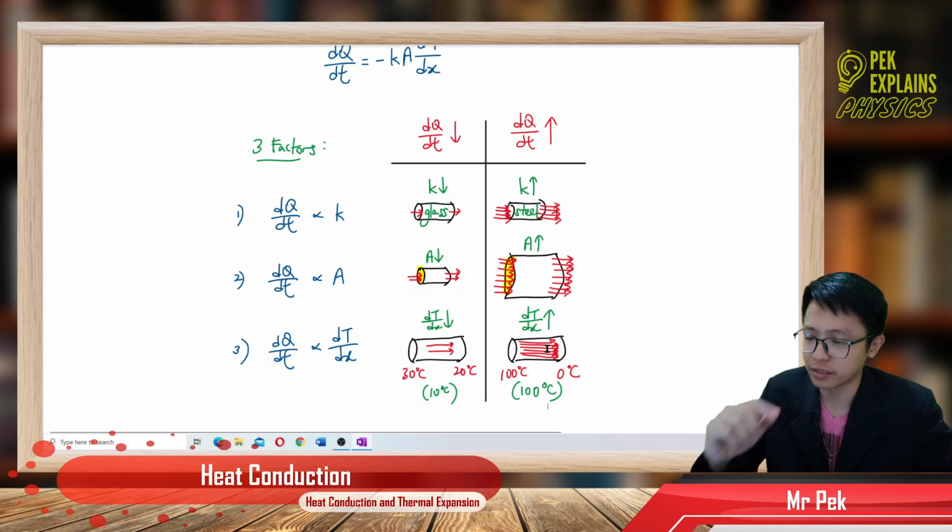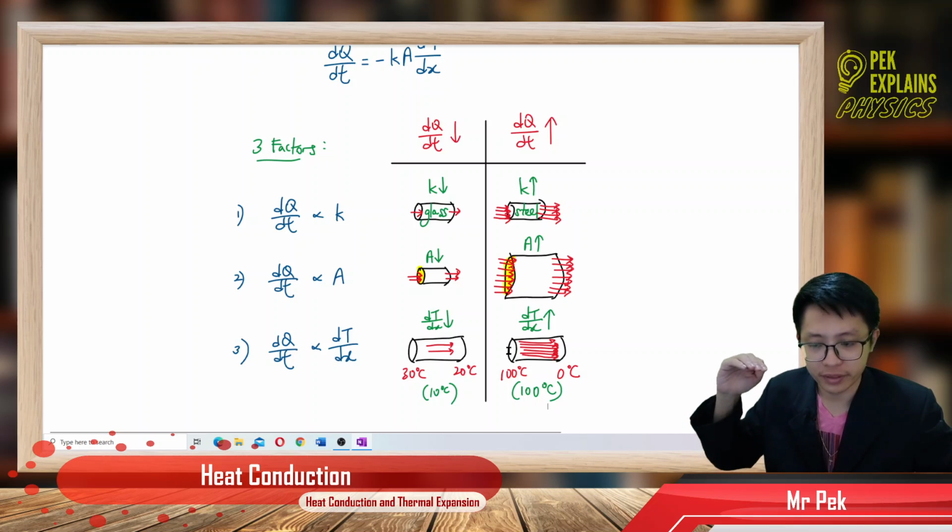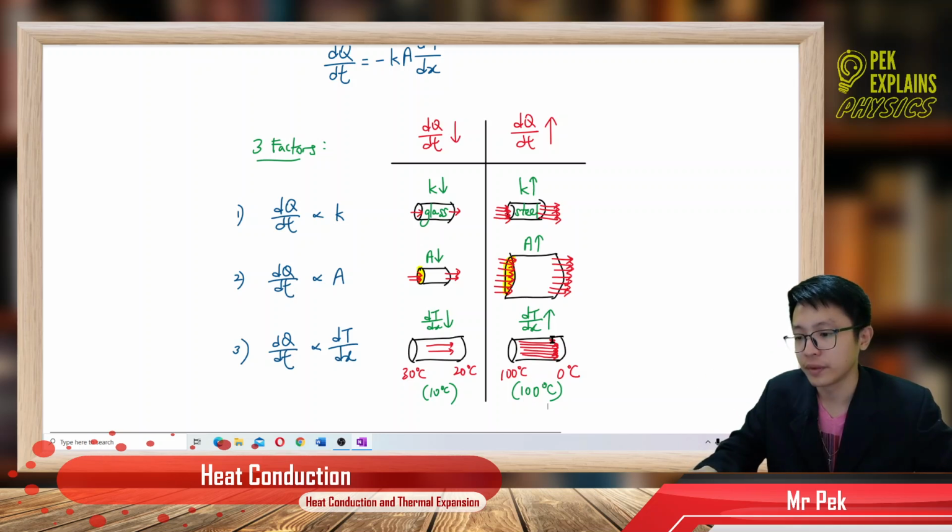That means a lot of heat is flowing from the very hot end to the very cold end. So the higher the temperature gradient, the higher the rate of heat flow.